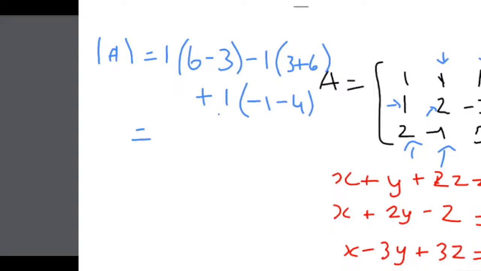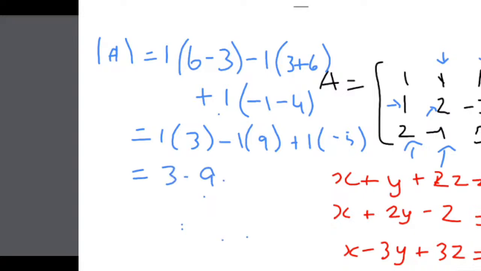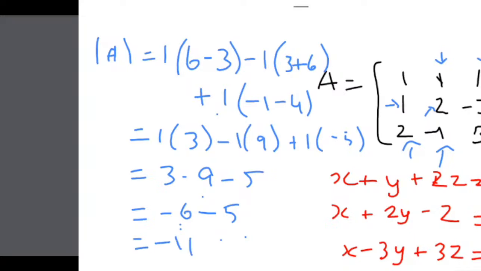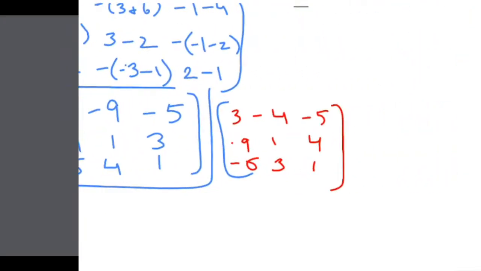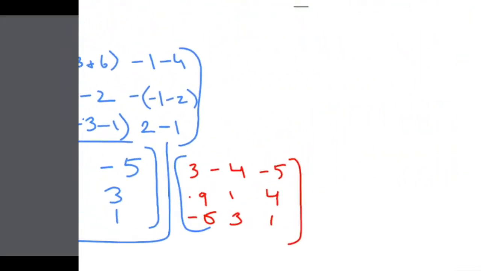So it is equal to 1 into 3 minus 1 into 9 plus 1 into minus 5. So 3 minus 9 minus 5, so minus 6 minus 5, minus 11. So determinant of A is equal to minus 11. So we have found the adjoint of A and the determinant of A.